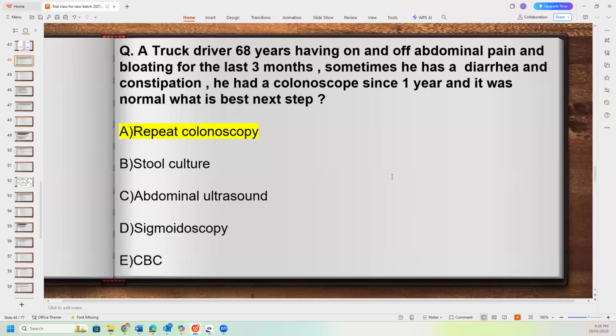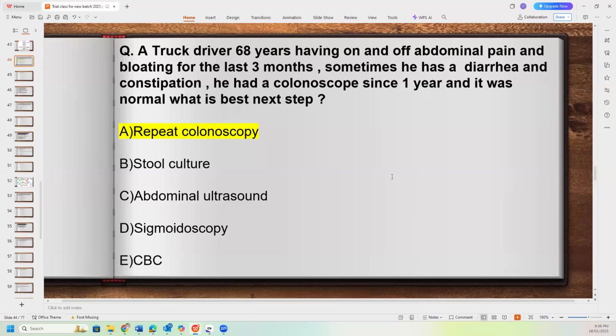But this is a 68-year-old that has on and off abdominal pain, bloating, and altered bowel habits, diarrhea mixed with constipation, had a colonoscopy 1 year back, but still has red flags that require further investigation to rule out colorectal cancer.